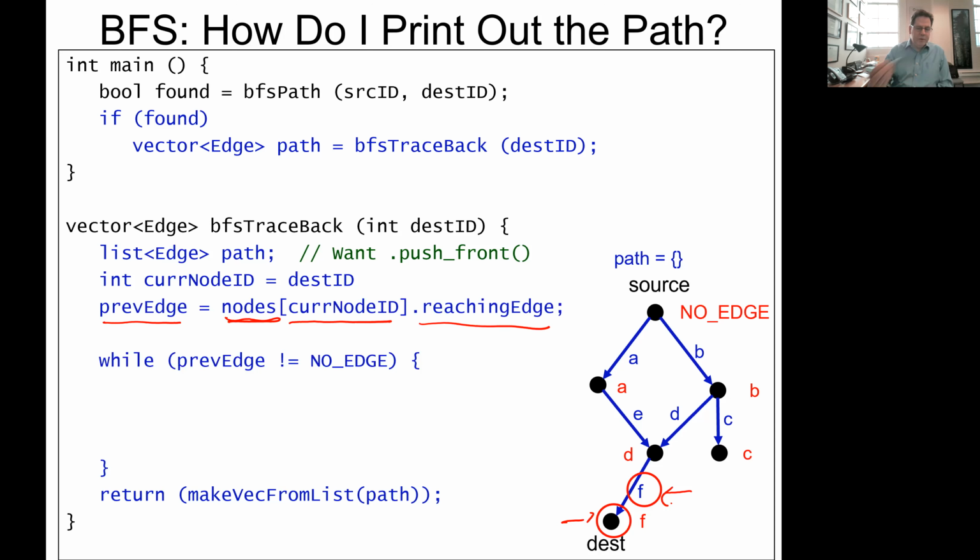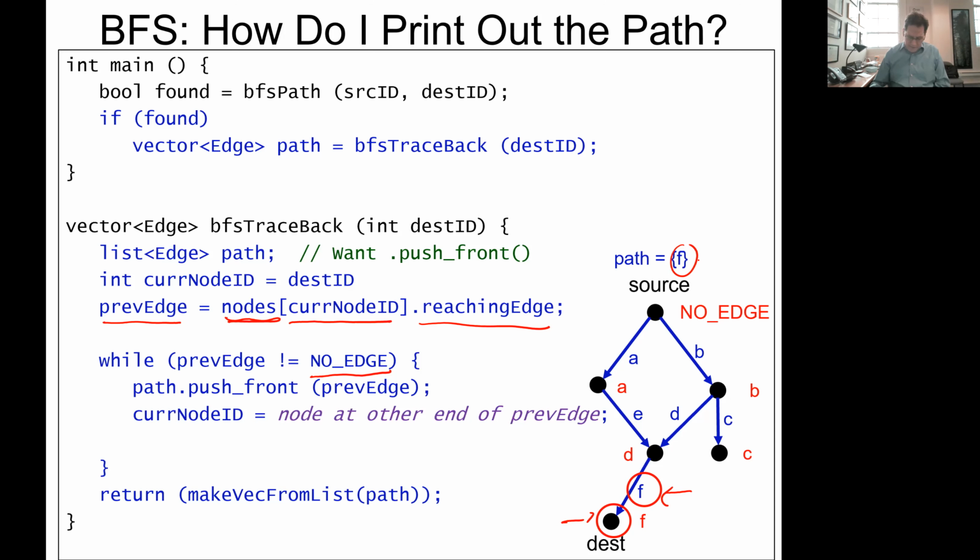And now I'm going to loop. Okay, so that was the start of my iteration. While this previous edge is not equal to no edge, which means I haven't gotten back to the start of the path, I'm going to push this previous edge into the front of my path. Okay, so my path now has F in it. And I'm not at the beginning of the path, so I have to keep going.